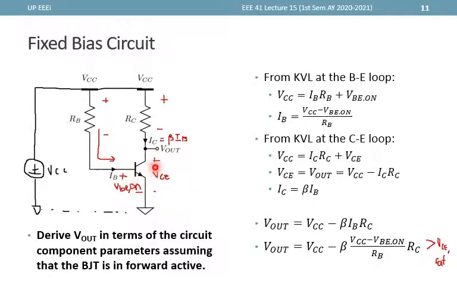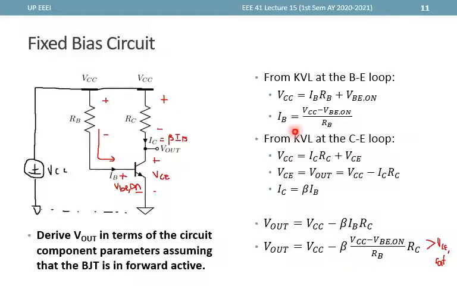So in some circuit designs, the circuit is modified a little to make it less sensitive to changes in beta.